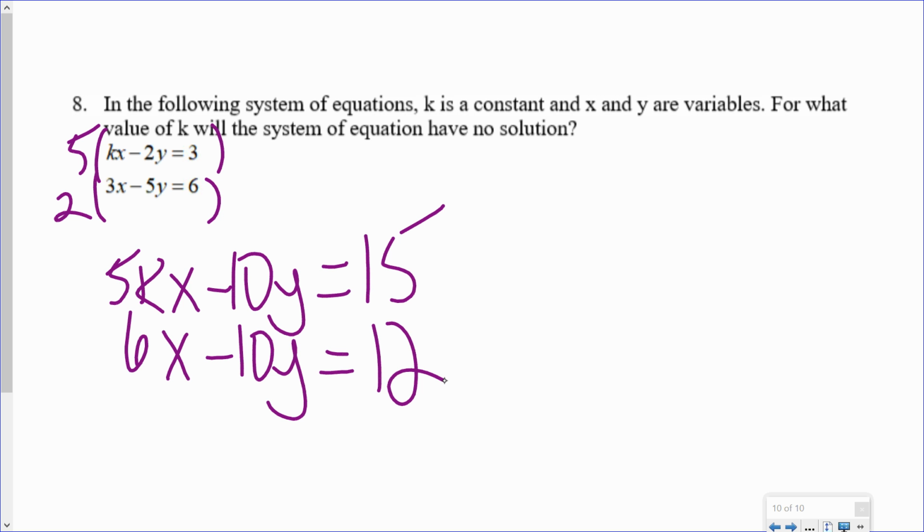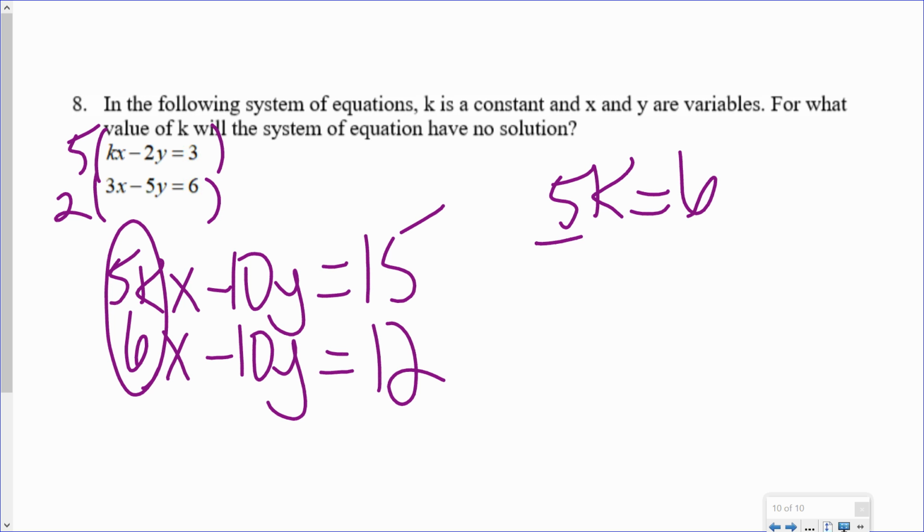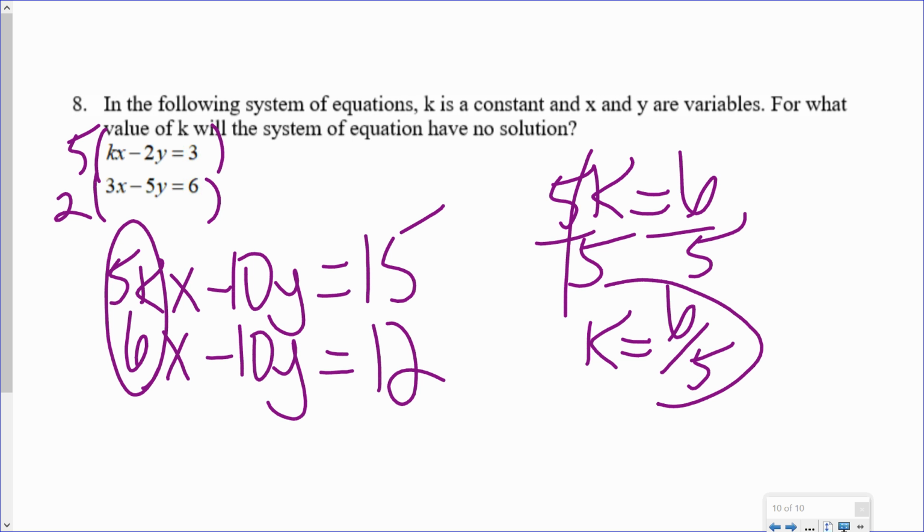And basically, these have to be the same. So I could have just set it as 5k equals 6 and gone that route. That might seem a little bit easier. As I was going through it, I was kind of thinking that makes it more consistent with the other examples that we did. And if you want to get no solution or infinite solutions, you need the same exact left-hand side, so that 5k and that 6 must be the same.